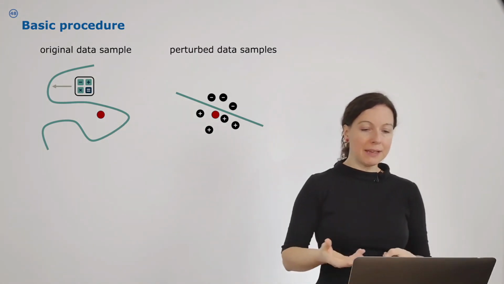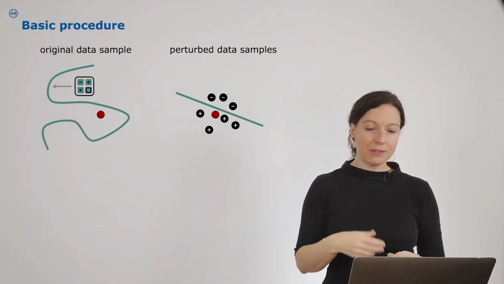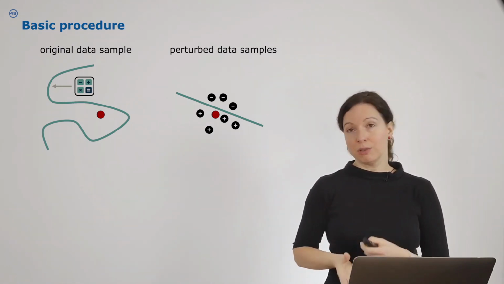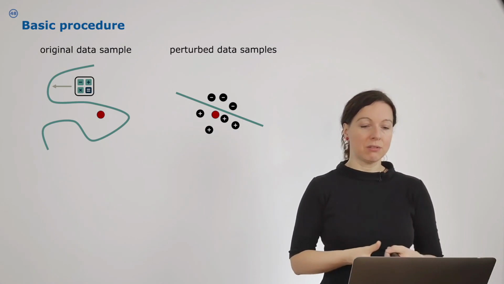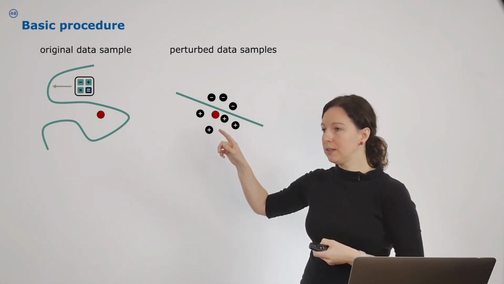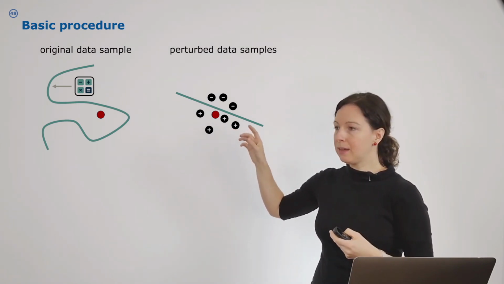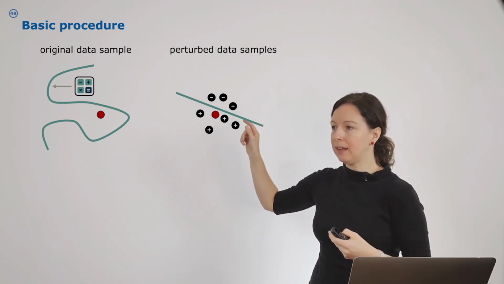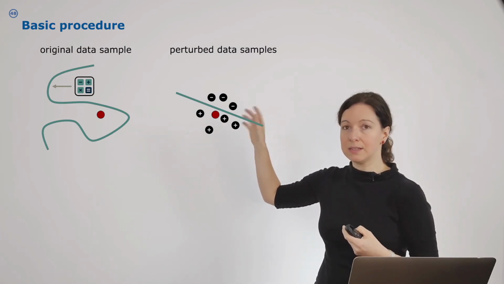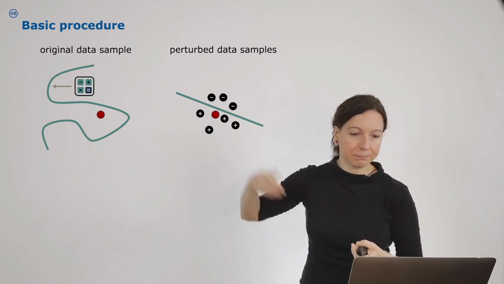LIME generates a new data set consisting of perturbed samples and the corresponding predictions of the intransparent model. So here the red dot is the original sample, the black dots are perturbed samples, and the plus and the minus indicate if it is still classified as the same class or another class.